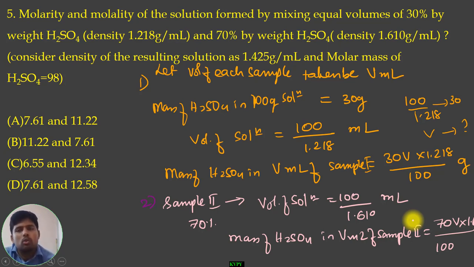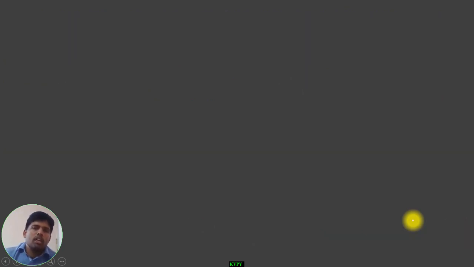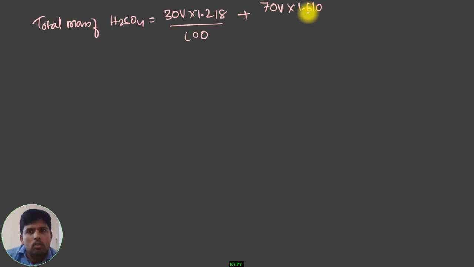And we have total volume 2V. So we can easily find out the molarity. Let us find out molarity now. So total mass of H₂SO4 is equal to 30V into 1.218 divided by 100 plus 70V into 1.610 divided by 100.